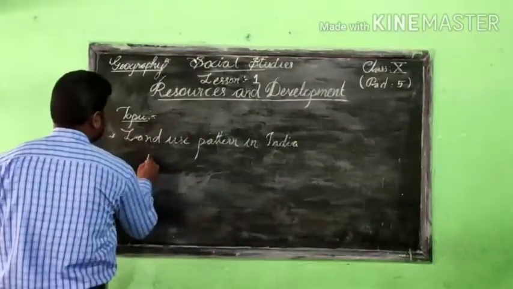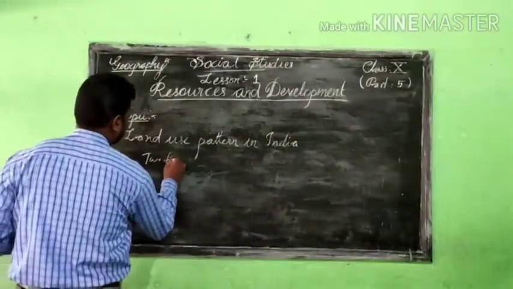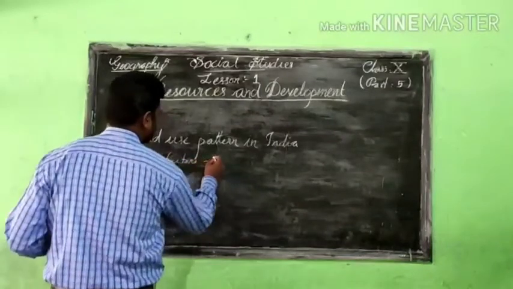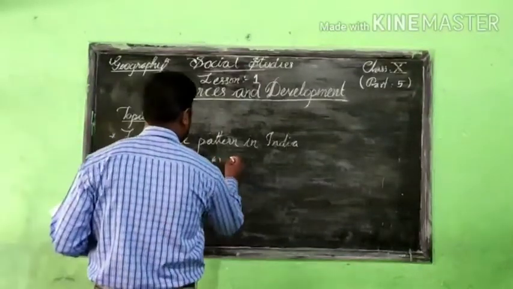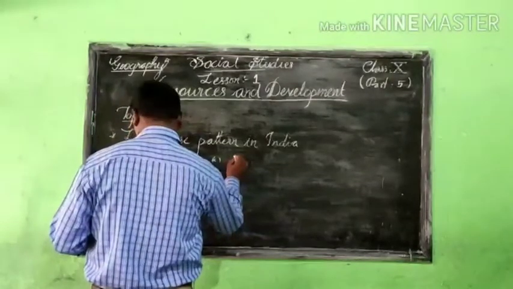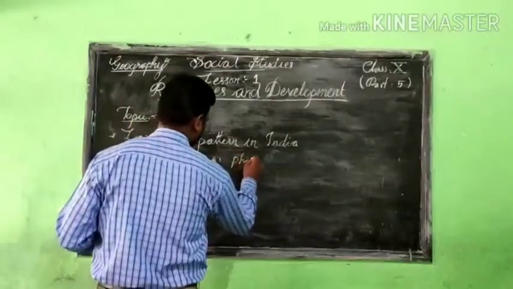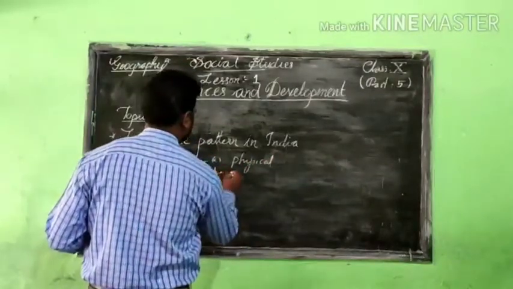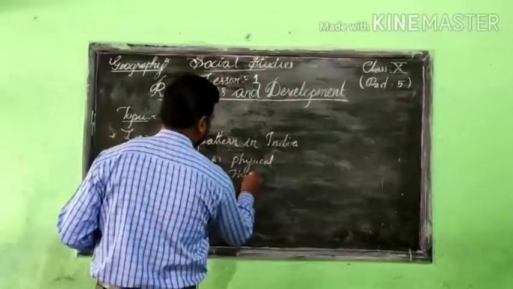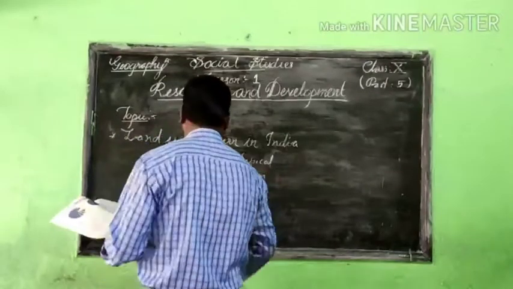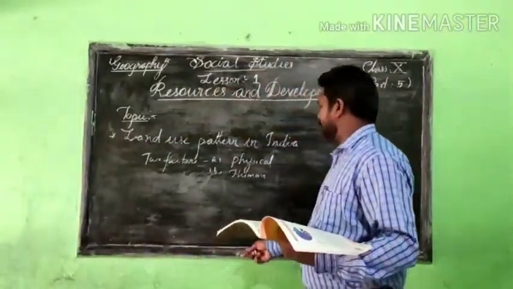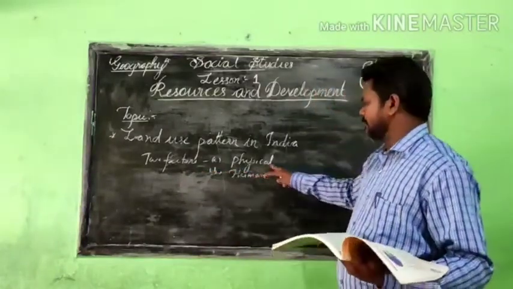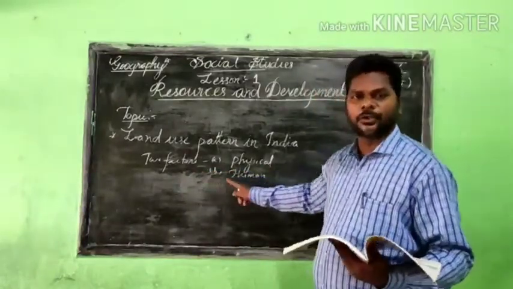In India we use the land according to two different factors. First one is called the physical and second one is called the human.